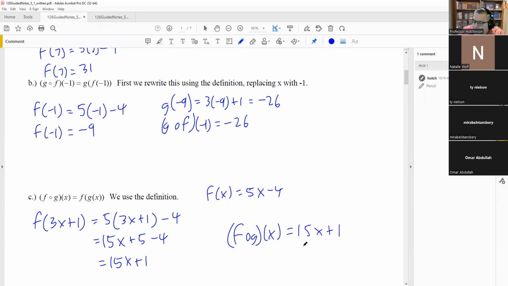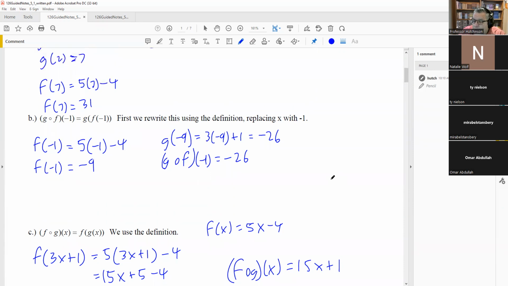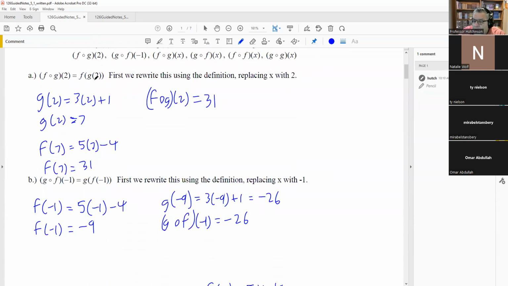Okay, so we can't go any further with this because we don't have a number provided for the x, so we just have to leave it in terms of x. Now, one thing I want to show you about this is that originally, back up in this part, we were asked to find f of g of 2. And when we did that, we got 31.